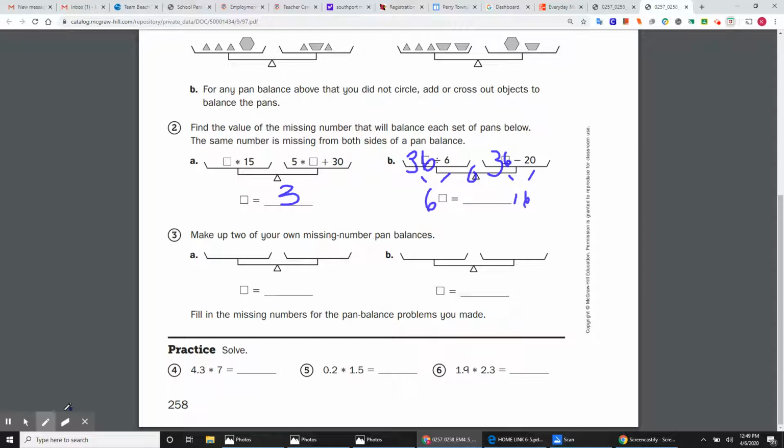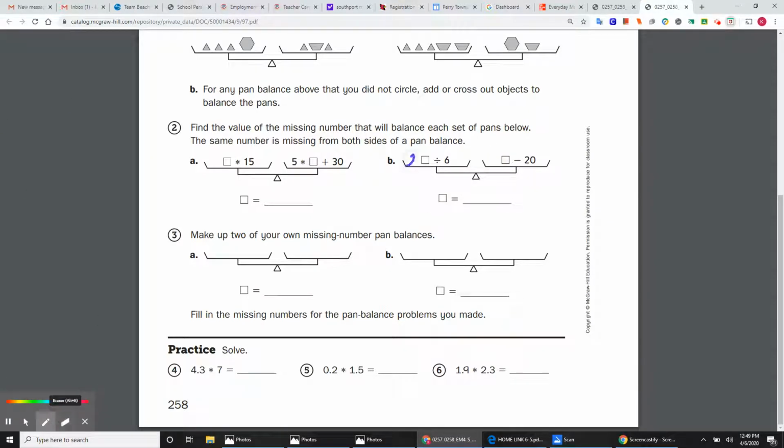So that does not work. Let's try 30. So 30 divided by 6 is 5, and 30 minus 20 is 10. That doesn't work.